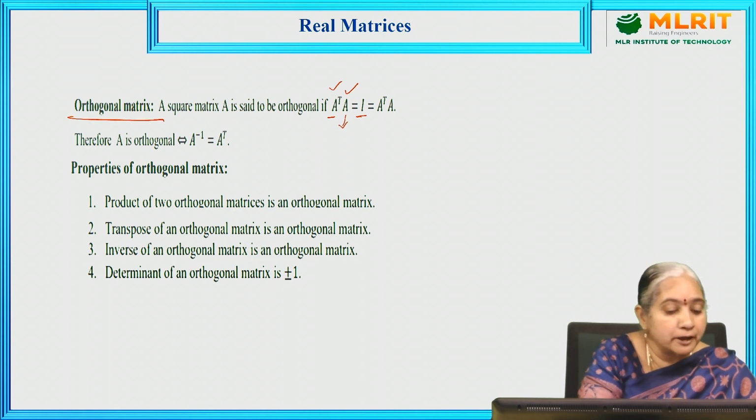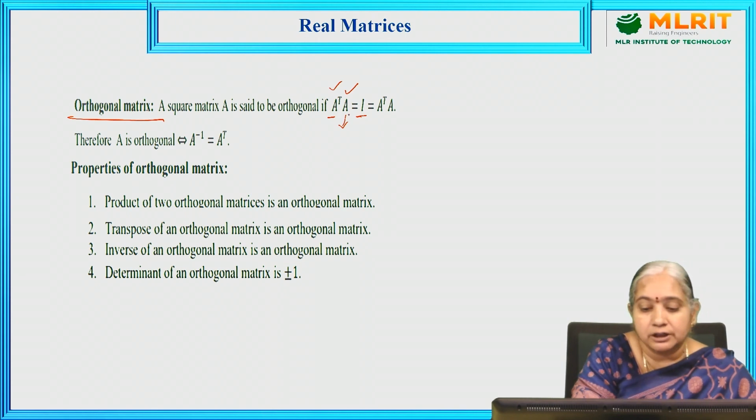So the property of the orthogonal matrix is A transpose into A equal to I. The product of A transpose and the given matrix is the identity matrix, or we can take A into A transpose also as the identity matrix, then the matrix A is said to be an orthogonal matrix.